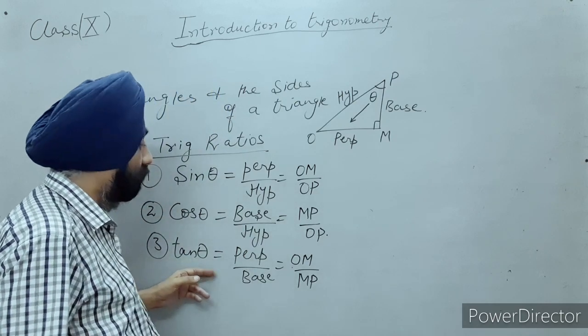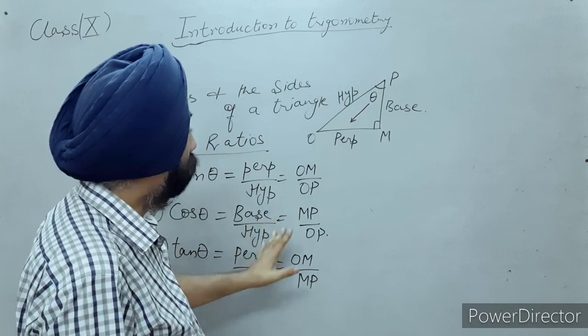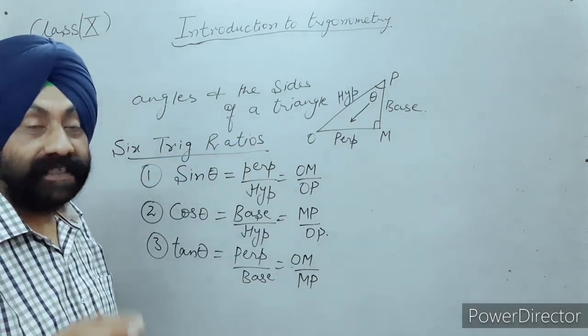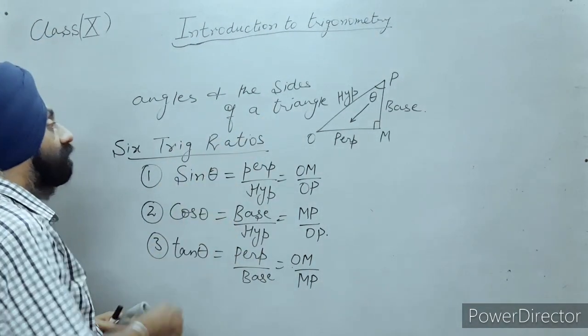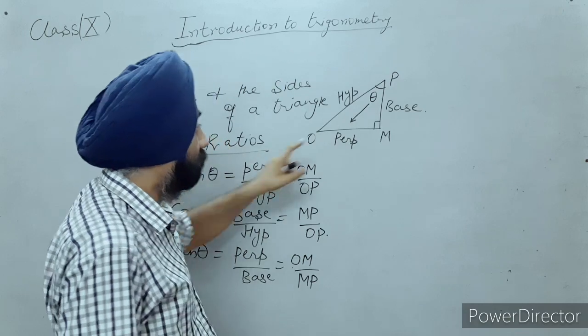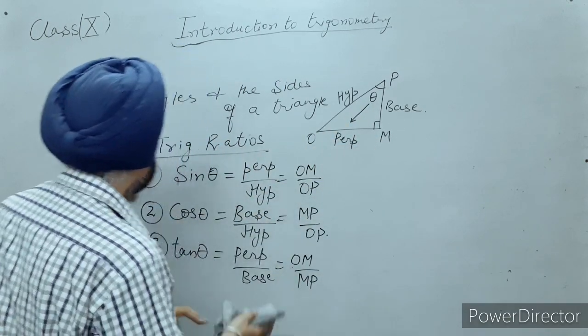Similarly, cotangent theta becomes base upon perpendicular, it is MP upon OM. Now hope you have understood this concept. This is the basic concept of trigonometry, that is trigonometric ratios. You find the angle by taking the ratio of the sides of a right angle triangle.